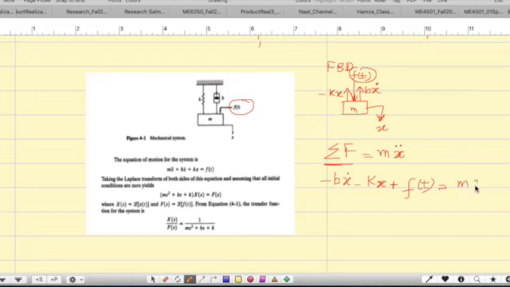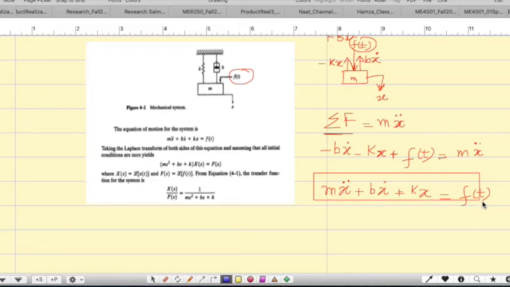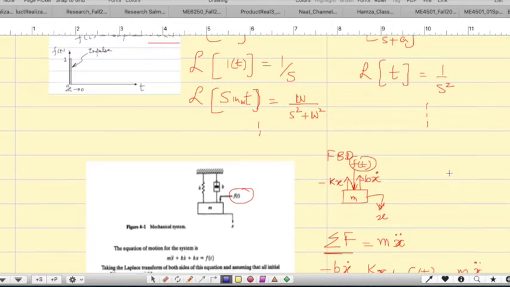On the right hand side, this is the kinetics, like where the mass is moving. After you do this, you just rearrange this equation. Second order comes first, first order comes next, and then zeroth order, which is k x, comes last. So I would write this down. This is known as the equation of motion of this mass spring damper system.